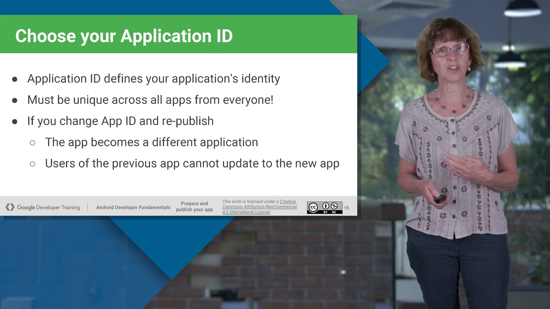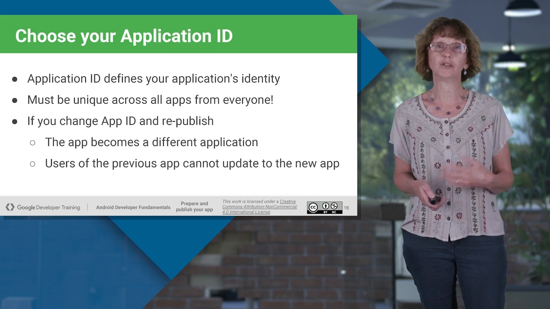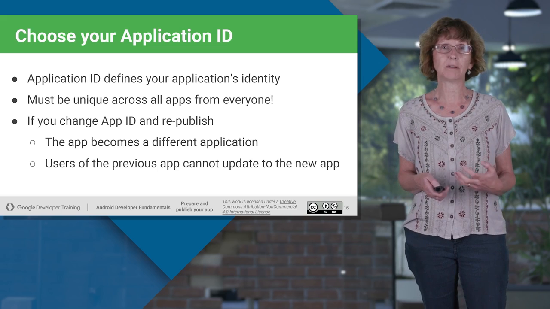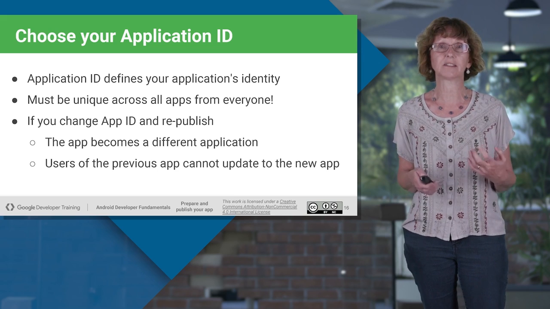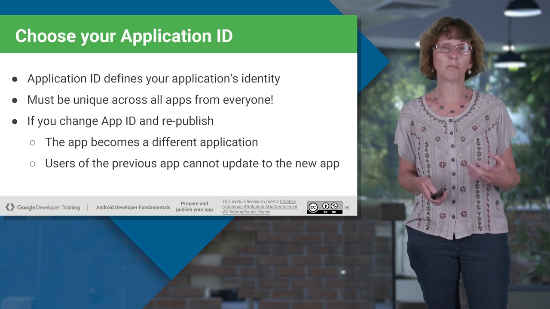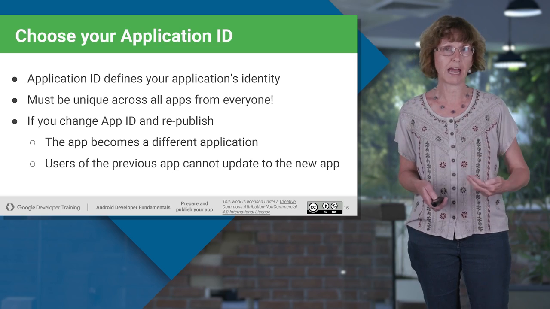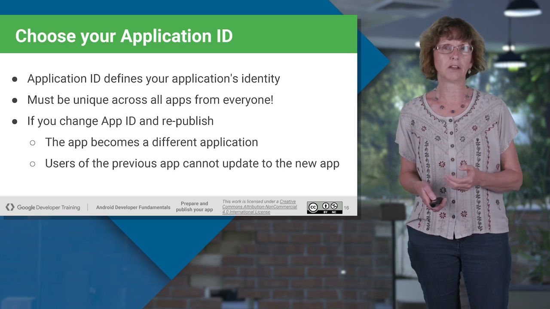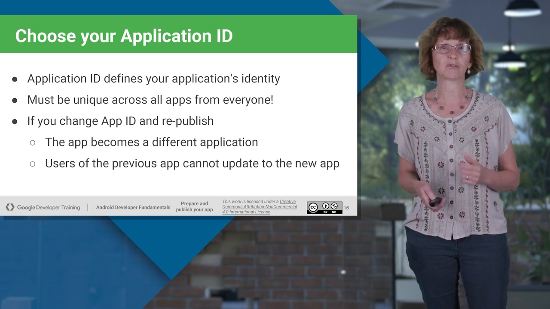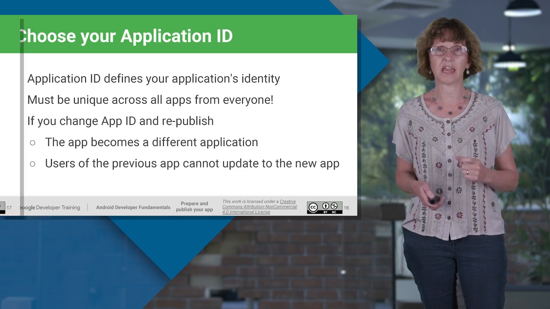Now, if you change the ID in your app and you update the app and you republish it, then that app is now a completely different app. It's a separate app. So users who installed your original app will not be able to update to your new app. They will be able to keep the old app and download the new app. So then they'll have these two different apps running on their phone because the app ID uniquely identifies the app.